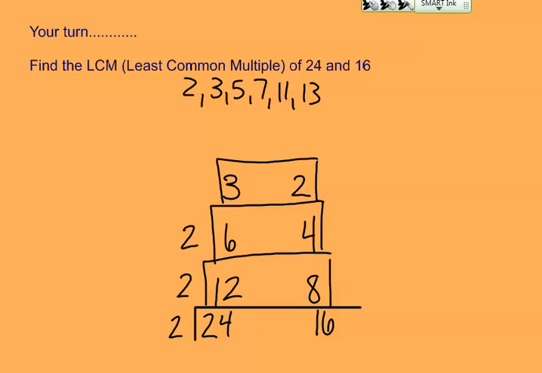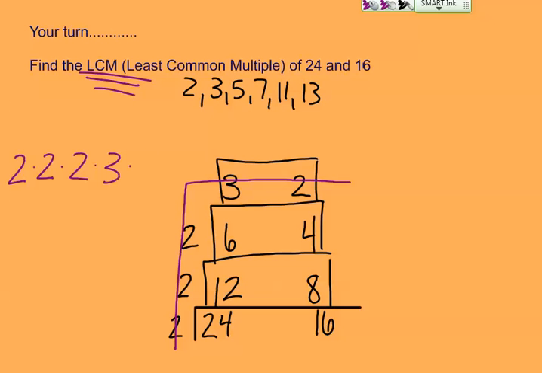Now in this problem, I'm trying to find the least common multiple. Well, that begins with an L. So what I'm going to do is I'm going to draw an L through my top layer and through the bottom. Now, whatever number that L hits is part of my least common multiple. So it's 2 times 2 times 2 times 3 times 2.